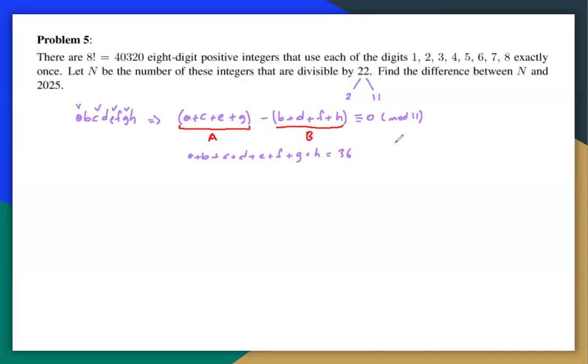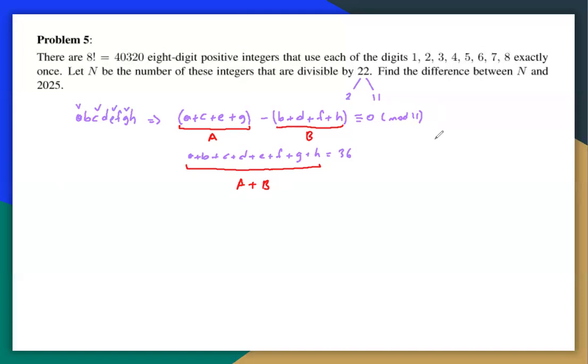The difference between these two is going to be either 0 or a multiple of 11, and the entire thing is just the sum of those letters, so the total is A plus B. So now we have the difference of two things being 0 or a multiple of 11, and the sum being 36. We can use this to get something out of it.